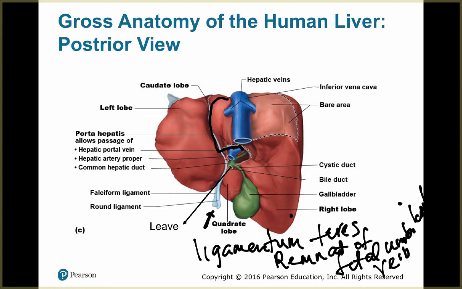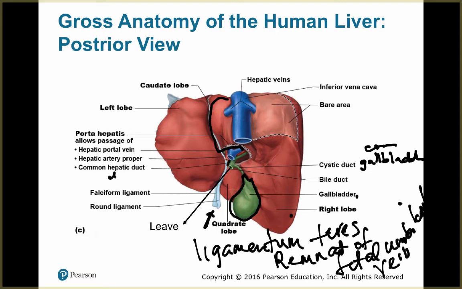You can see here you have the gallbladder, which is going to hold the bile. From there, you have the cystic duct that is connecting to the gallbladder. You can see this common hepatic duct.